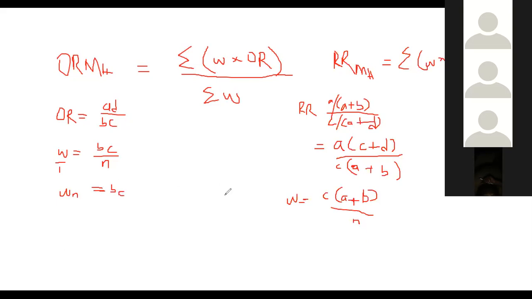So in that case, you can write here W OR times OR equals AD over N.